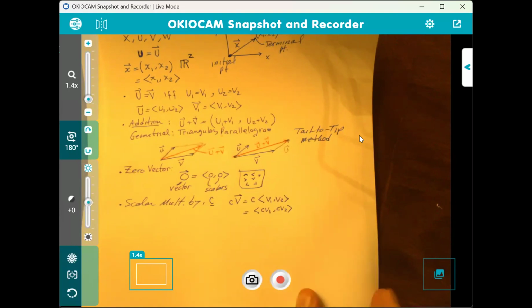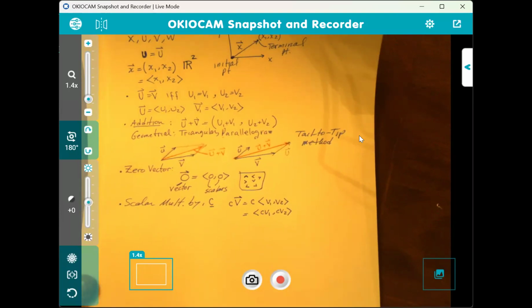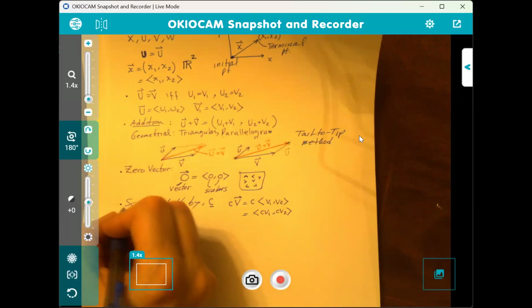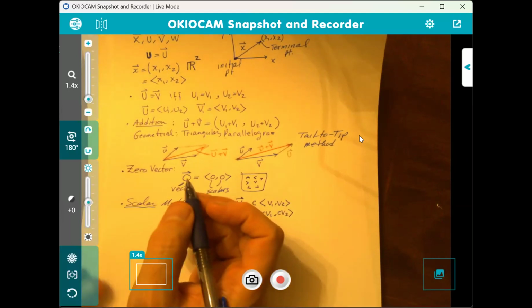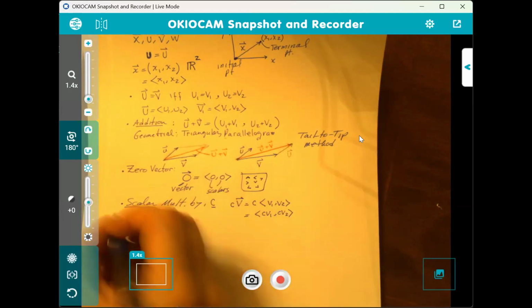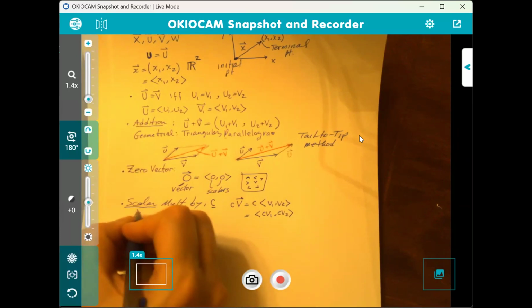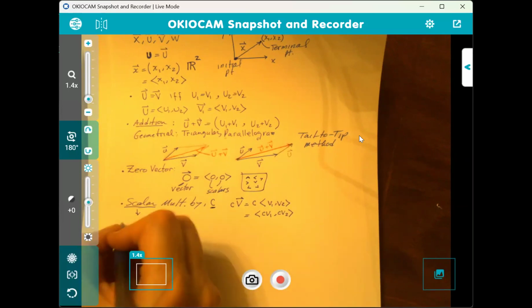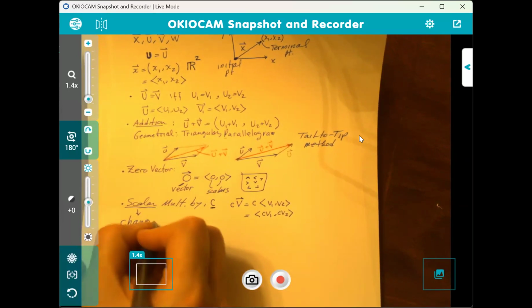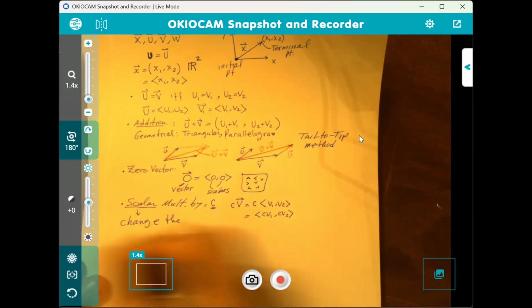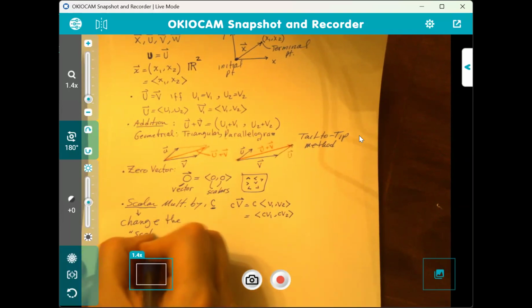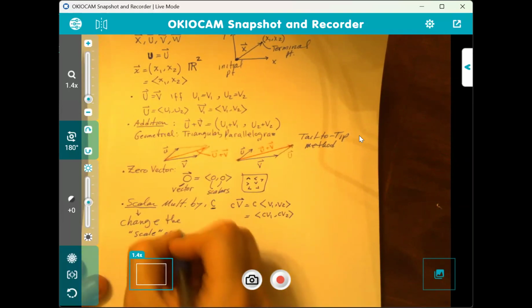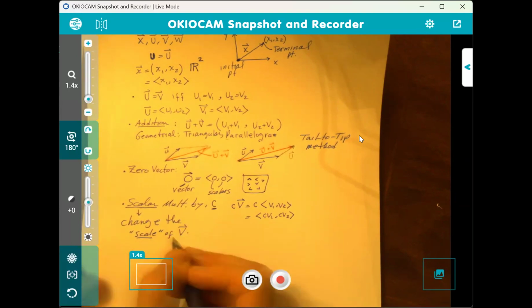And the reason it's called scalar, like why do they call them scalars? Why don't they call them constants? The reason is that these scalars, like C, actually change the, quote unquote, scale of vector V. They change the scale of it.